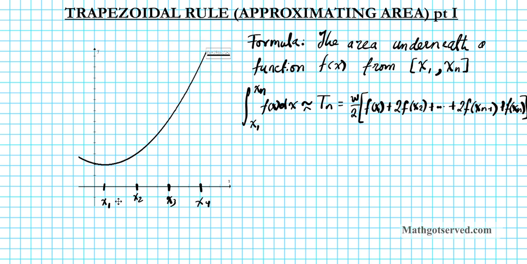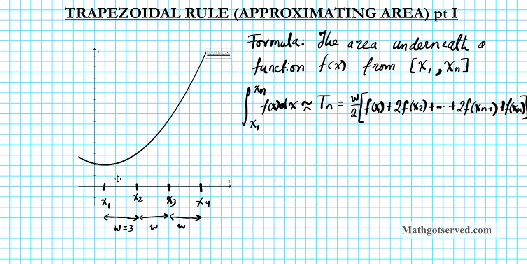As you can see, the way I partitioned my interval x1 to x4, I have 3 sub-intervals of equal width. From here to here is w, and w is equal to 3. The same goes for all the other sub-intervals that I have. So that's w, and that's w. They're all equal to 3.